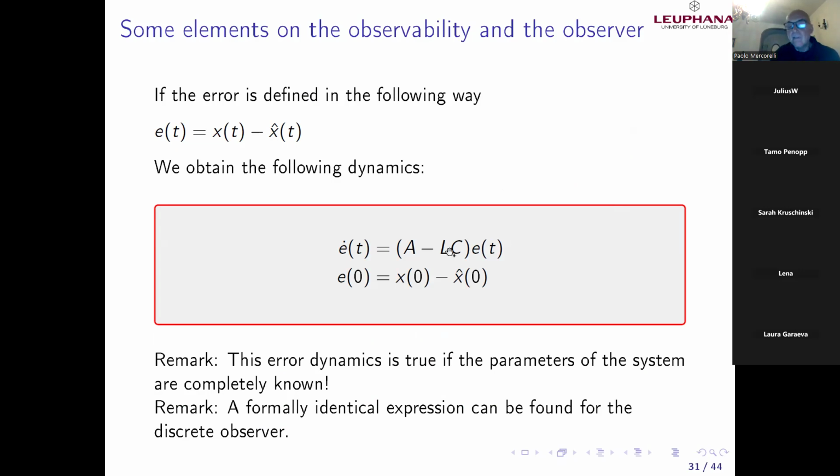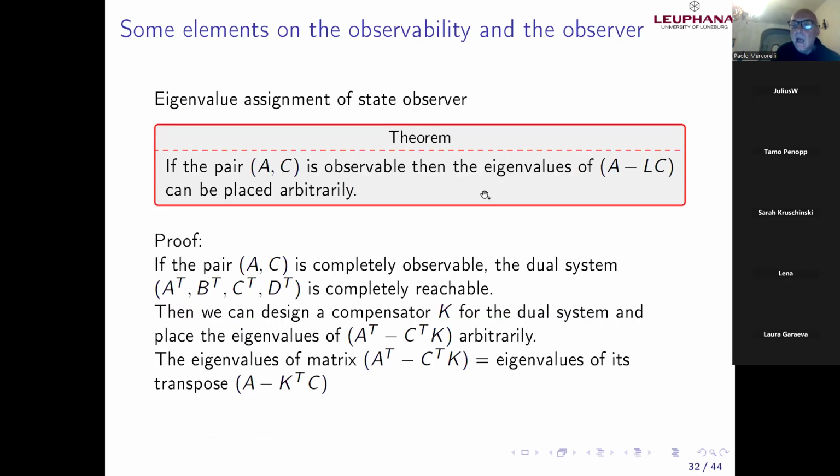For the engineers, it's almost clear. For the rest, probably totally unclear, but it's not relevant for the goal of this course, because when we try to implement, MATLAB can help us. Then the eigenvalues of A minus LC can be placed arbitrarily.